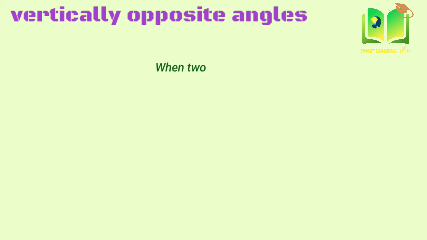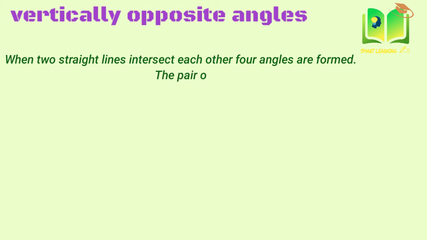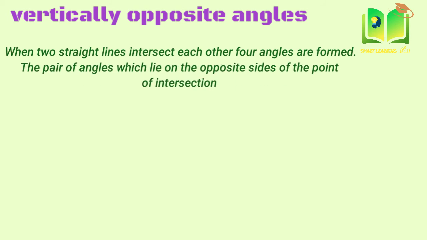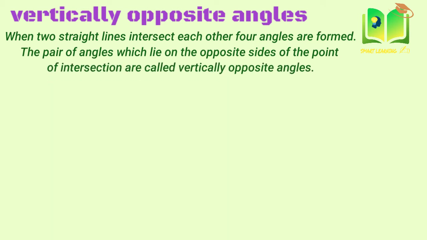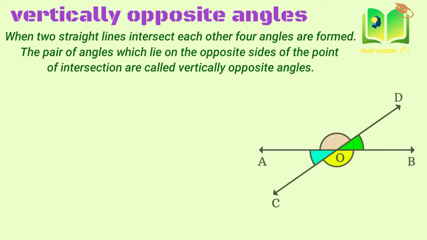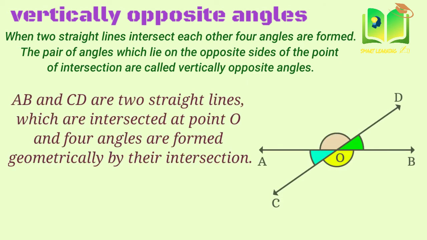Now I will discuss vertically opposite angles. When two straight lines intersect each other, four angles are formed. The pair of angles which lie on the opposite side of the point of intersection are called vertically opposite angles.